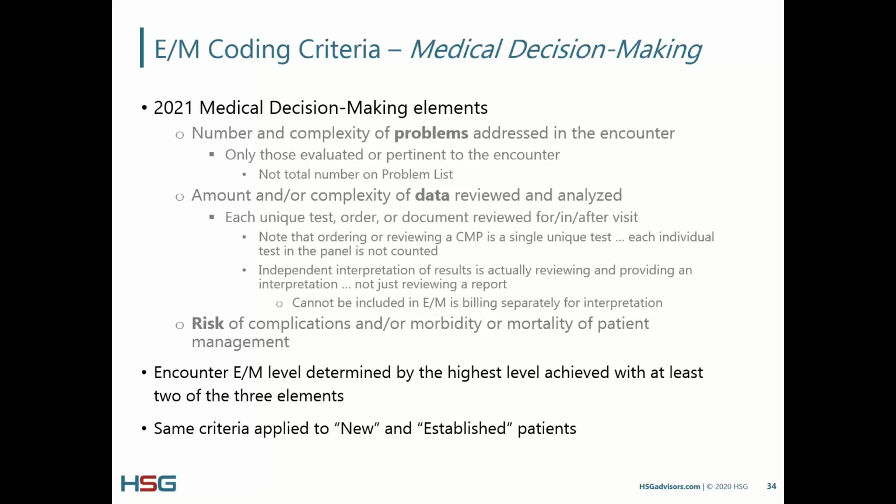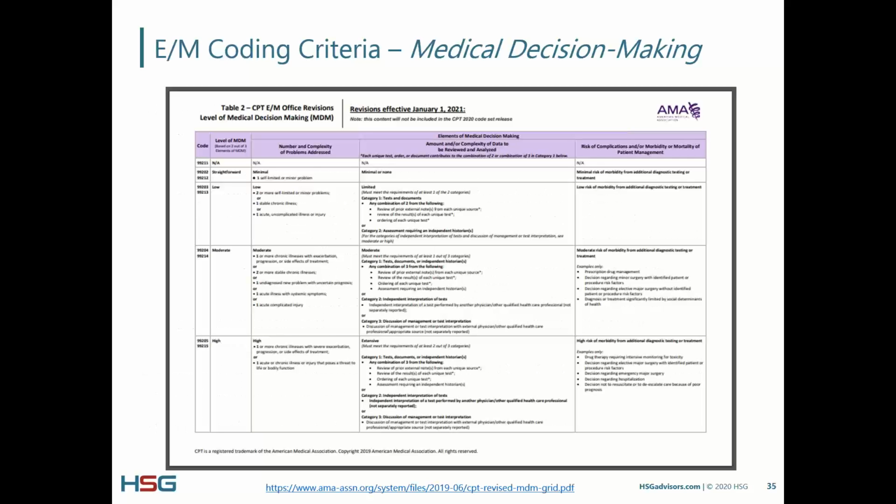One note is this applies, not only across all specialties that use these codes, but to new and established patients equally the same. And that becomes clear in the documents that are coming up.